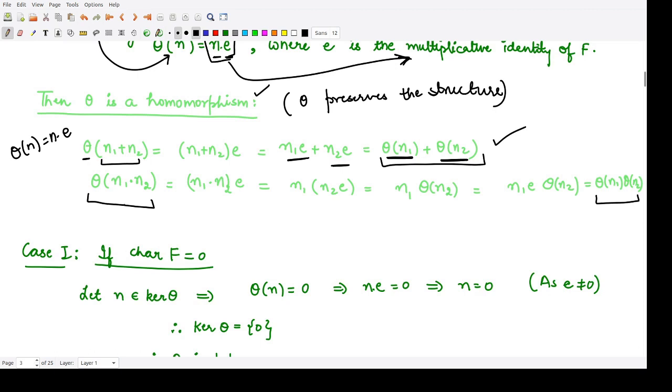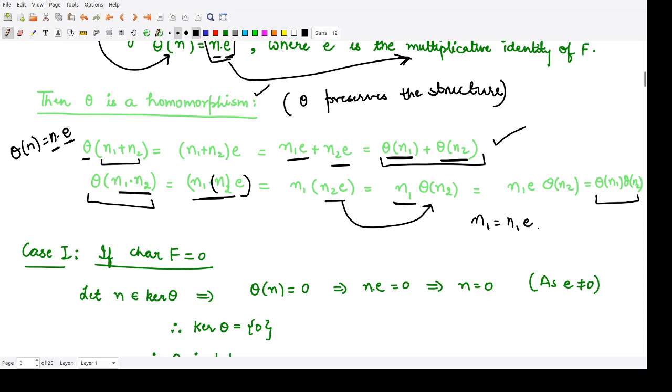For the second part, we again apply this definition. Theta of n1 into n2 is n1 into n2 into e. Now using associativity, you can shift the brackets to this side, so it would be n1 into n2e. What is n2e? It is theta of n2. And because n1 is some element of the field, you can write n1 as n1 into e.